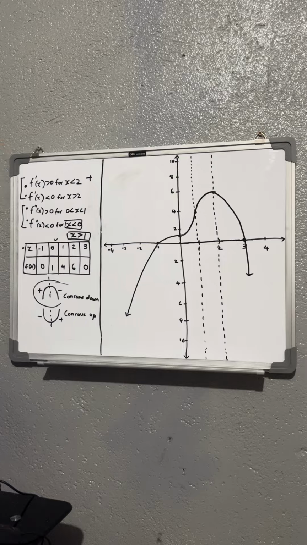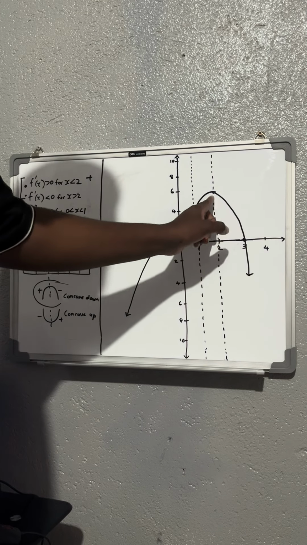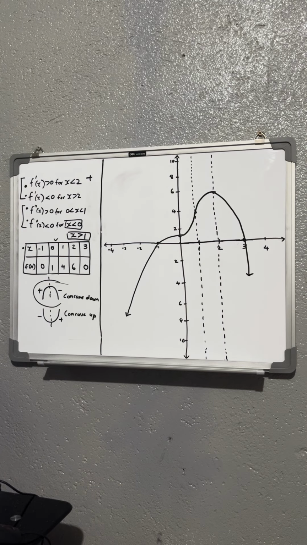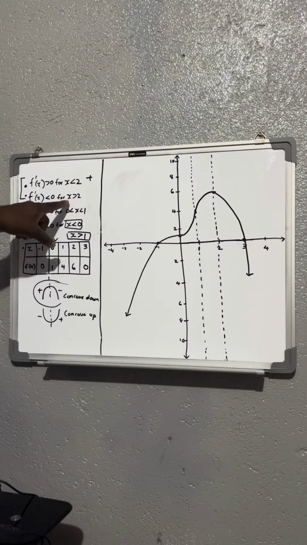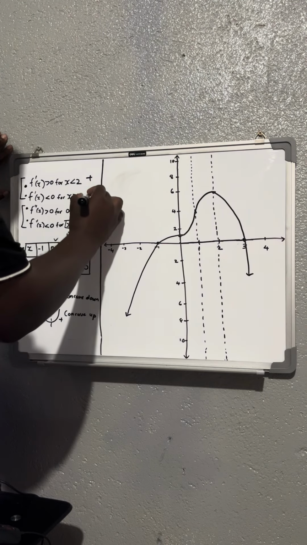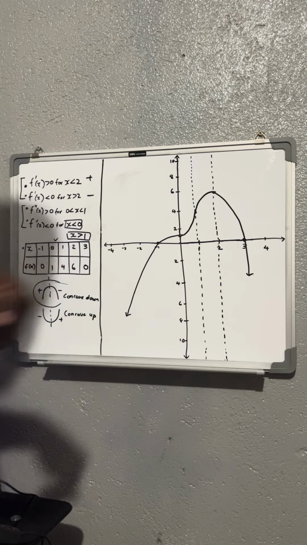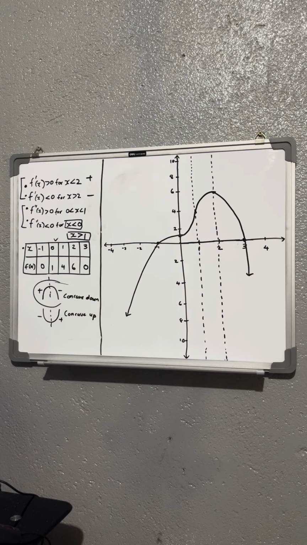Are we having an increasing graph? Indeed, we're having an increasing graph up to this point. But then they're saying where x is greater than 2, it is going to be decreasing. Is it decreasing? You can see it is indeed decreasing, then that means we're done with that one.